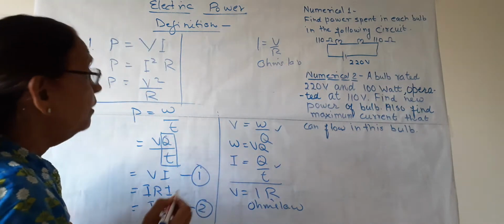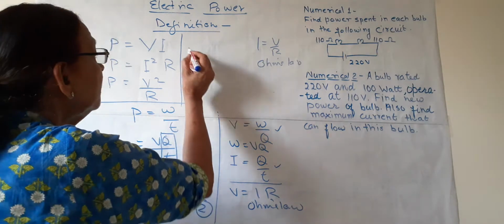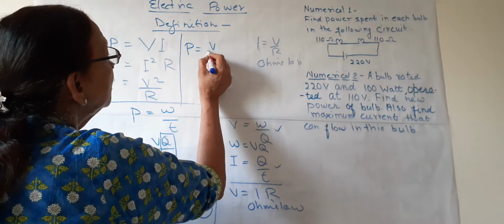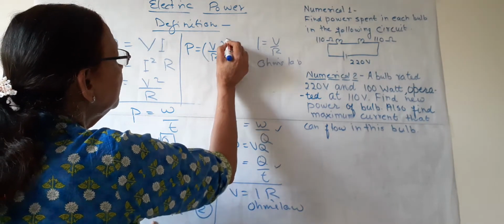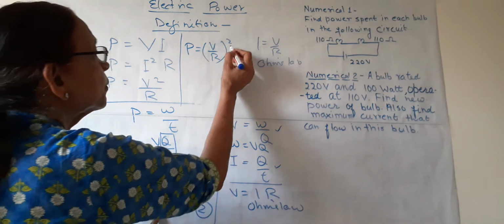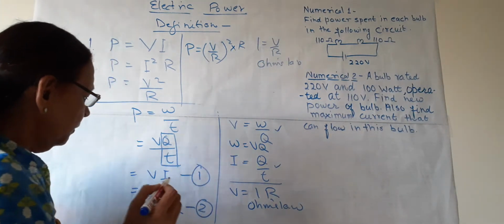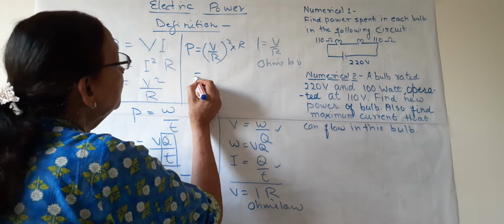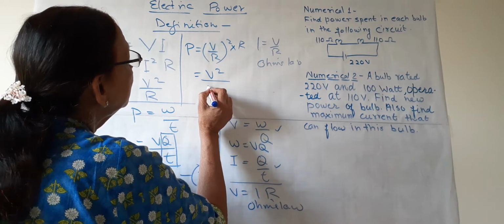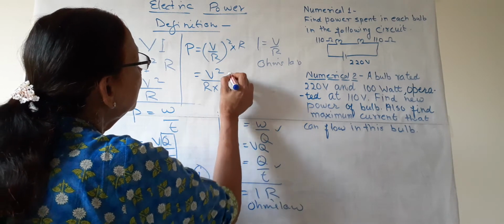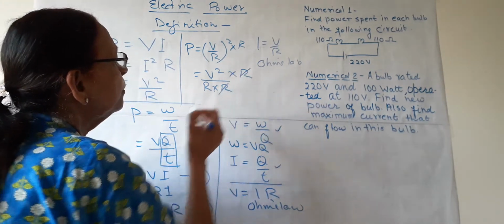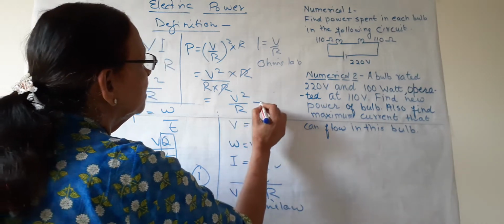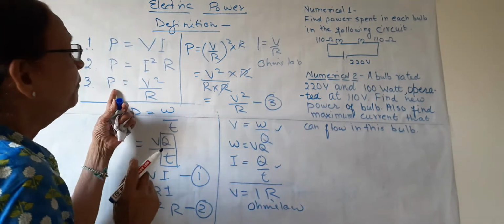So here instead of I, we can write V upon R. So P is equal to, instead of I, V upon R, and it is squared, into R. So this I square can be replaced by V upon R whole square. When we open this, V square upon R square into R, these two R can be cancelled, and now we have V square upon R. So this is the third formula of power.